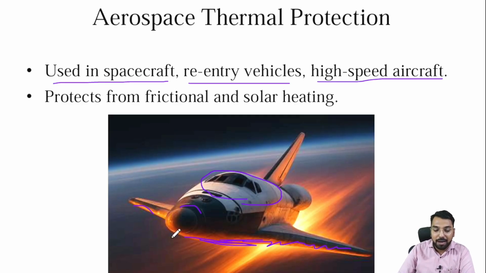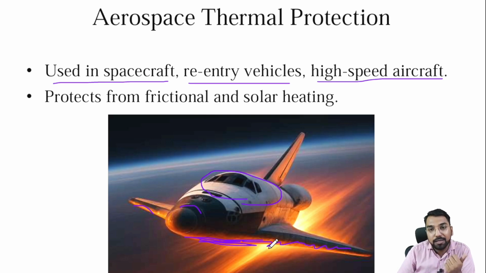Why? Because a higher amount of heat is generated at the bottom, and as I said, heat transfer always takes place from the higher side to the lower side. If this heat were transferred inside the components of the spacecraft, then these components may fail, and due to the failure the spacecraft may fail.